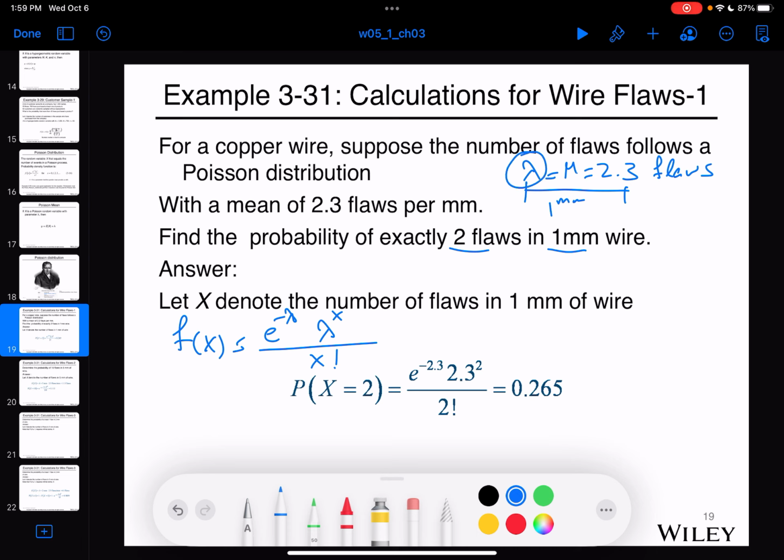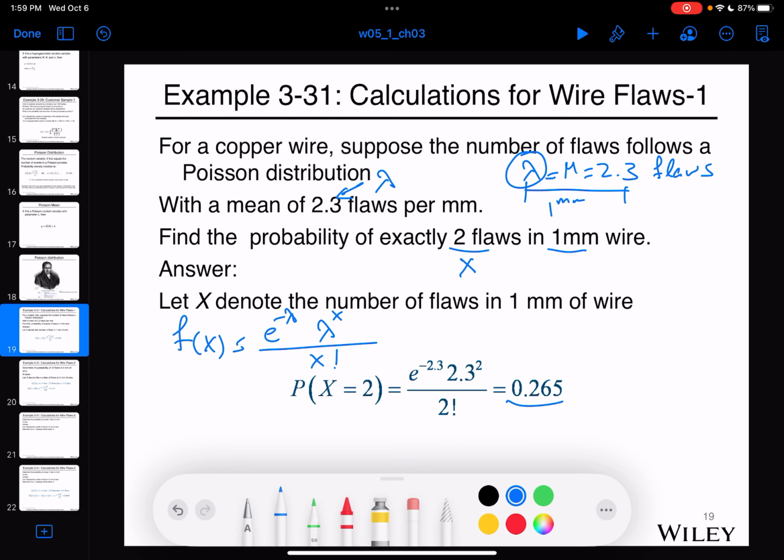So for lambda, we plug in 2.3, and for x, this is x, and this is lambda. So that's it. So the probability that we get is 0.26, right?